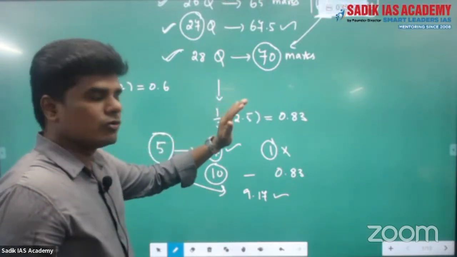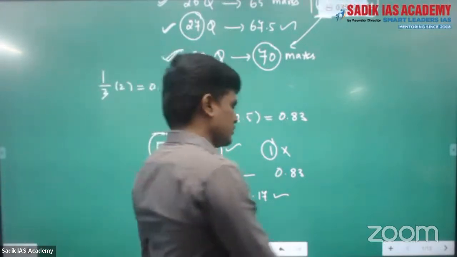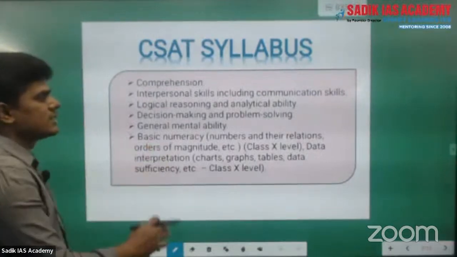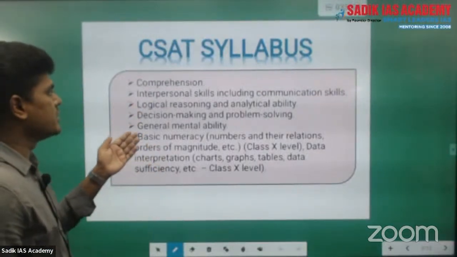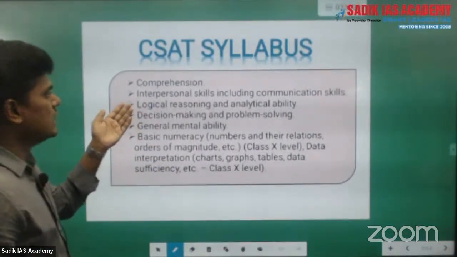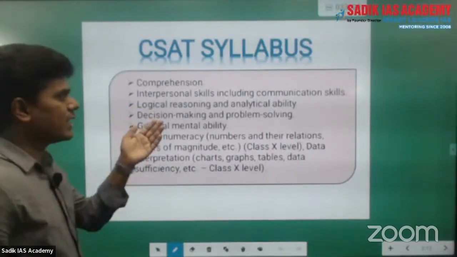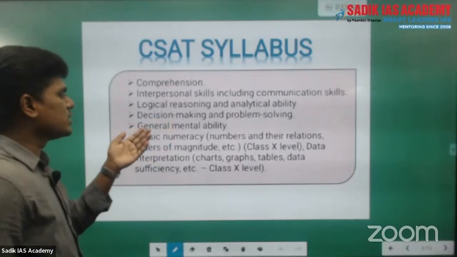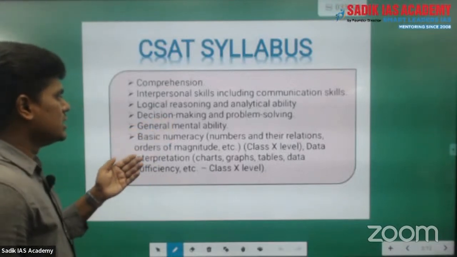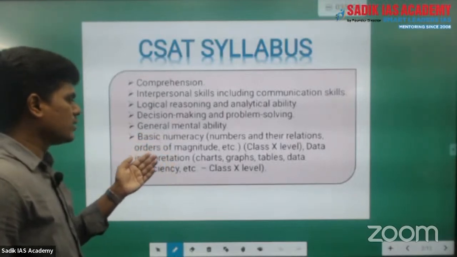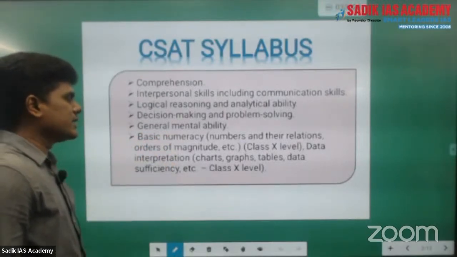Now let's look into the syllabus they have given for the CSAT paper. If you look at it, this is the syllabus: comprehension, interpersonal skills including communication skills, logical reasoning and analytical ability, decision making and problem solving, general mental ability, basic numeracy including data interpretation, up to the 10th standard level.